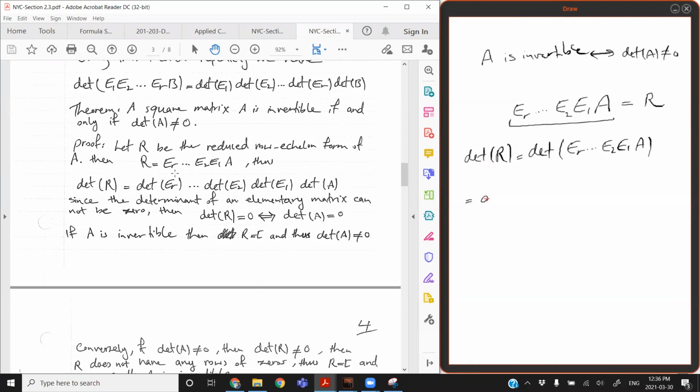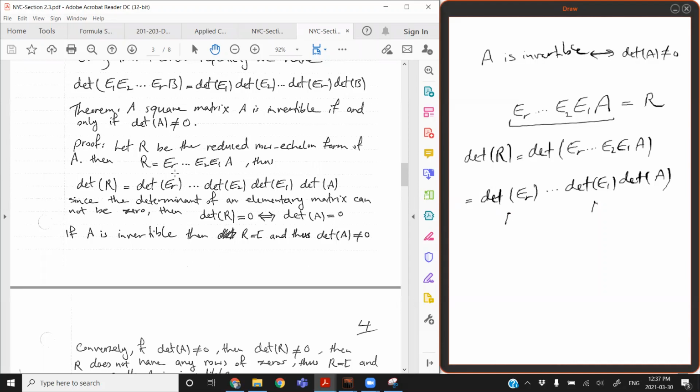Which we just learned is determinant of ER all the way to determinant of E1 times determinant of A. Okay, so far, what does this tell us? Since none of these determinants of the elementary matrices is 0, because if it's the result of a row swap, determinant is going to be -1.